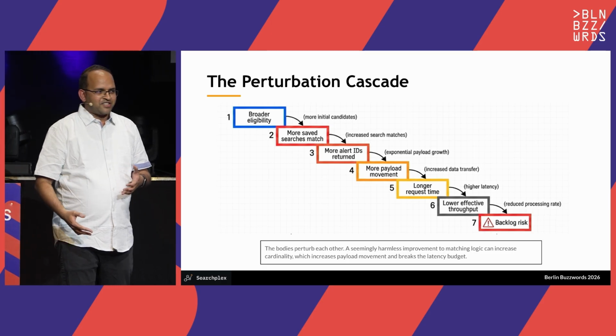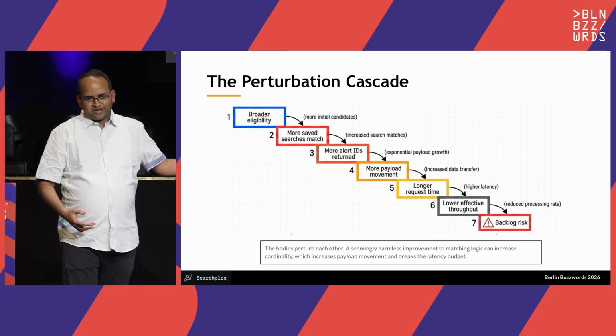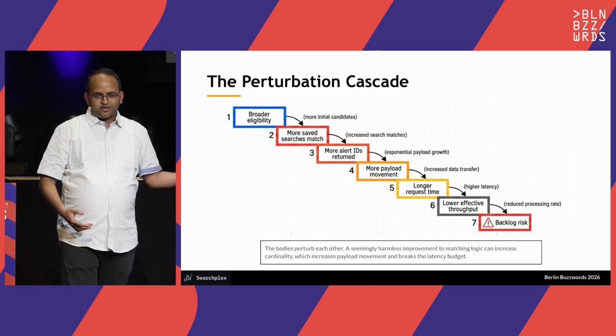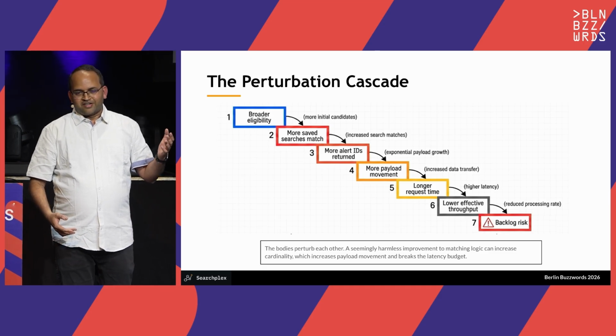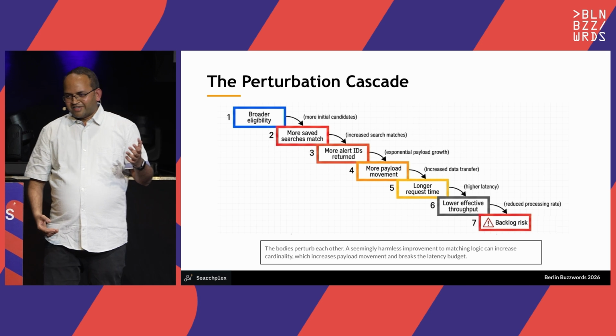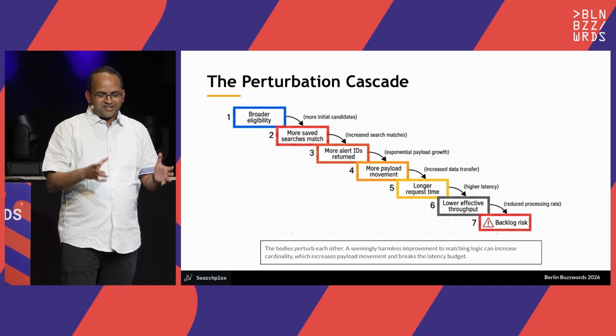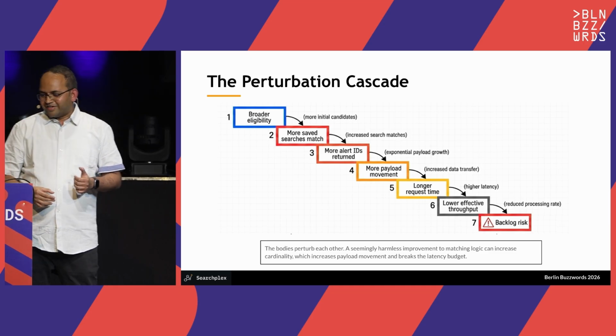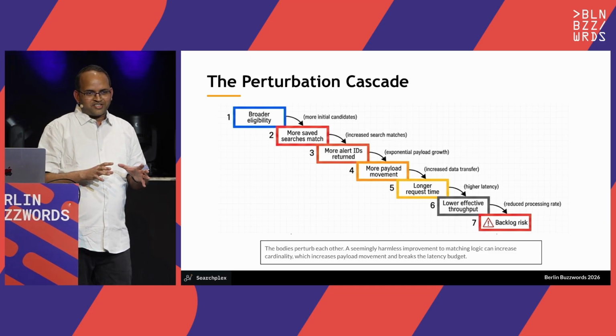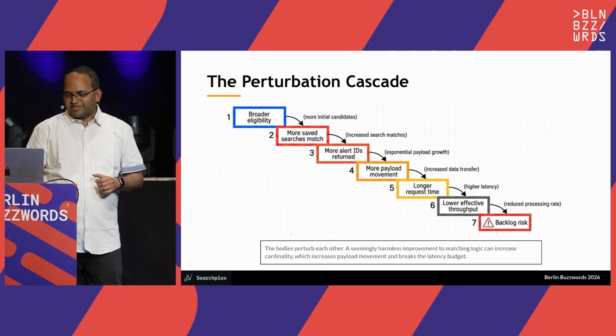And if you're not managing this well, your product arrival rate or QPS is going to start running into backlog risk. So this is where the three bodies are coming together. All three have to be taken into consideration while building a saved searches kind of solution.